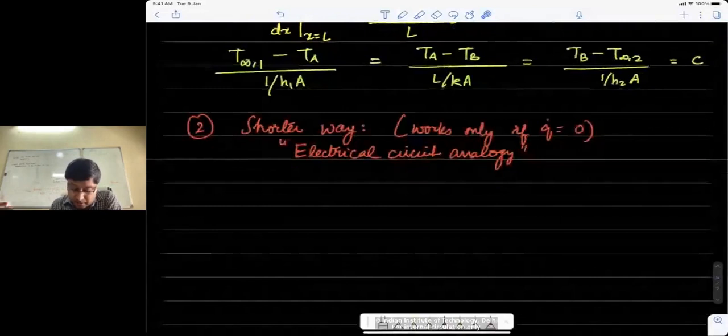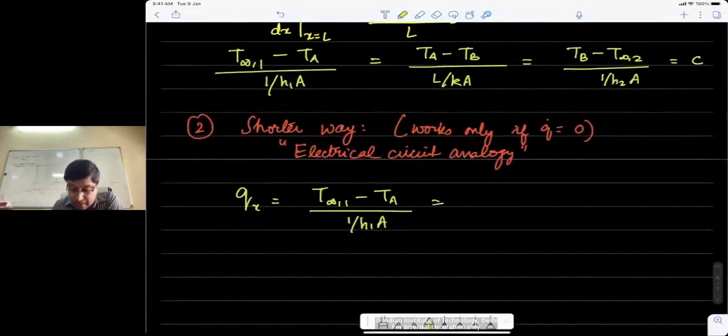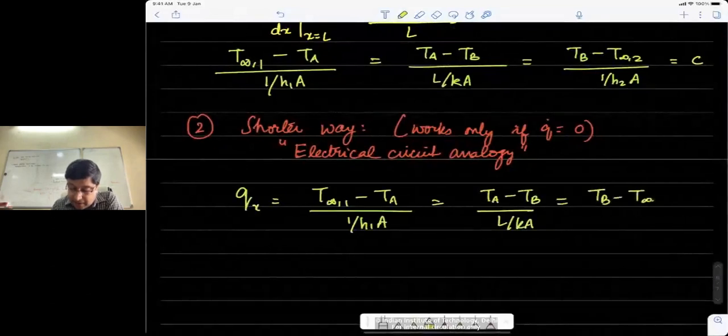The way this method works is, if you notice what I've written in the equality there, this is actually the heat transfer rate. Qx is (T infinity 1 minus Ta) by (1 by h1a), which is a heat transfer rate in terms of convection. That is the same as conduction heat transfer, which is (Ta minus Tb) by (L by Ka), which is again the same as (Tb minus T infinity 2) by (1 by h2a).